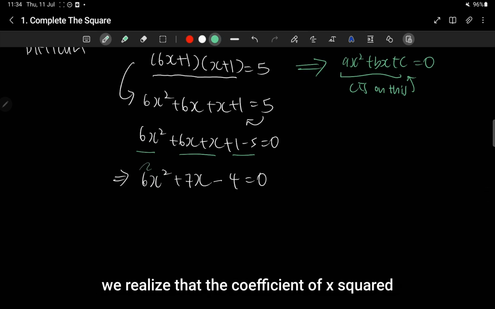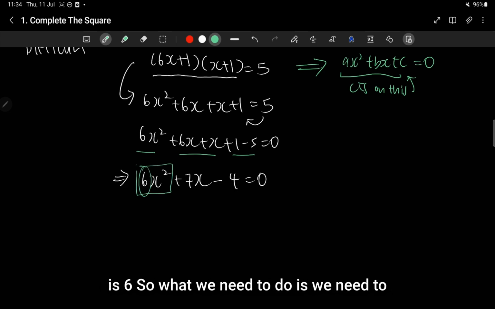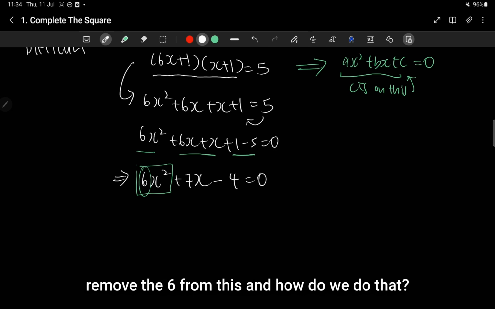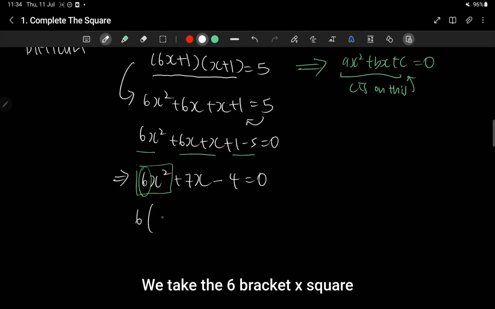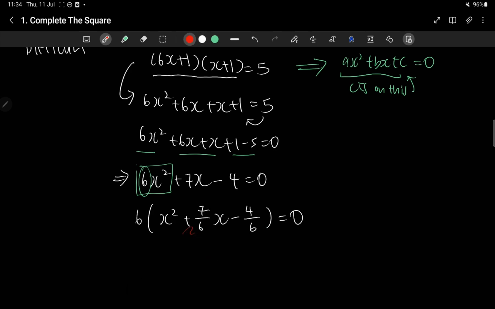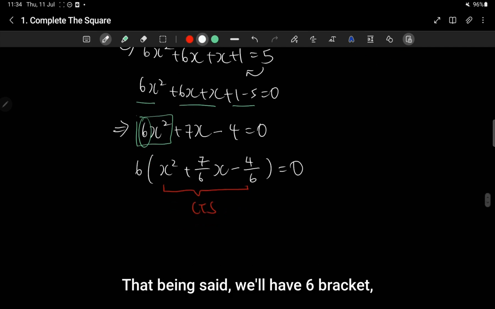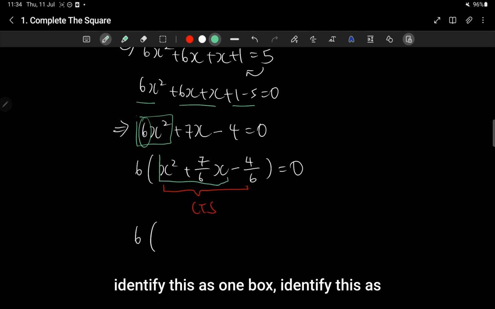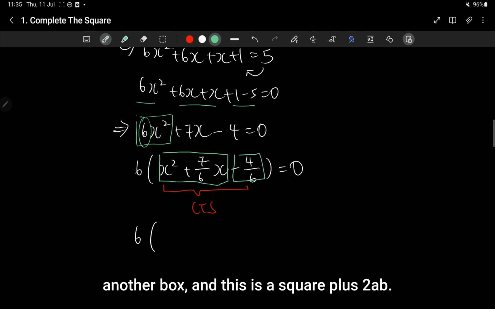And then we are going to complete the square on this. But we realize that the coefficient of x squared is 6. So what we need to do is remove the 6 from this. And how do we do that? We take the 6 bracket x squared plus 7 over 6 x minus 4 over 6 is 0. And this is what we will do the complete the square on. That being said, we'll have 6 bracket, identify this as one box, identify this as another box, and this is a squared plus 2ab.